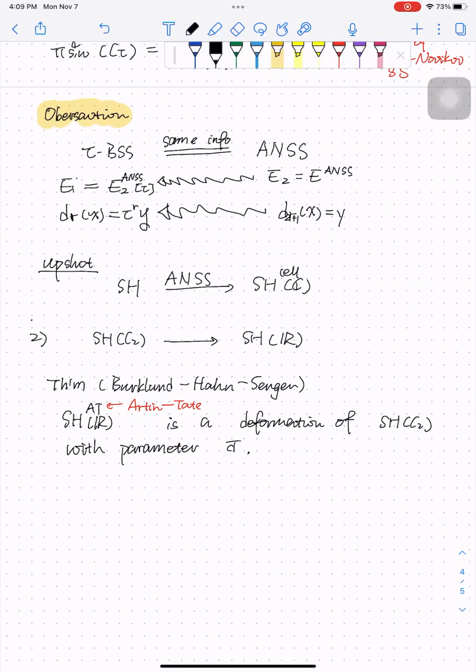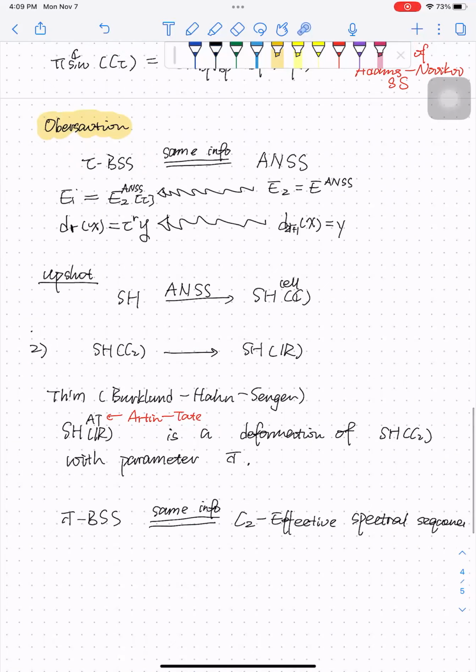And we can also use the tau Bockstein spectral sequence to calculate things. In this case, the tau Bockstein spectral sequence has the same information as what is called the C2-effective spectral sequence. Same information is basically the same meaning as what I wrote here.